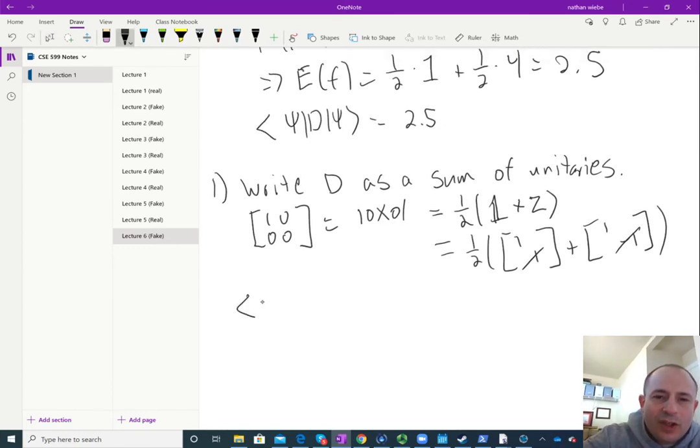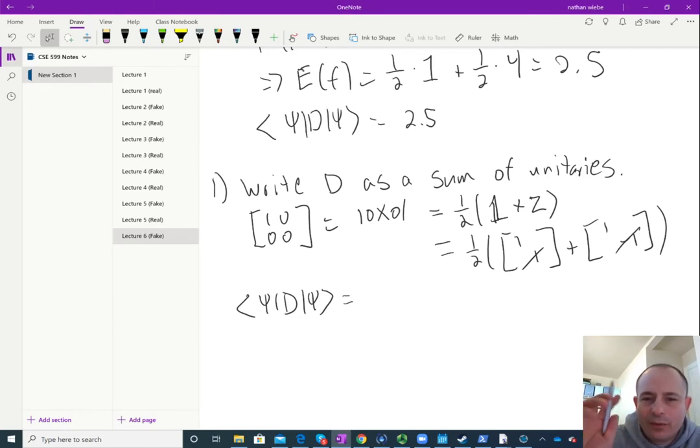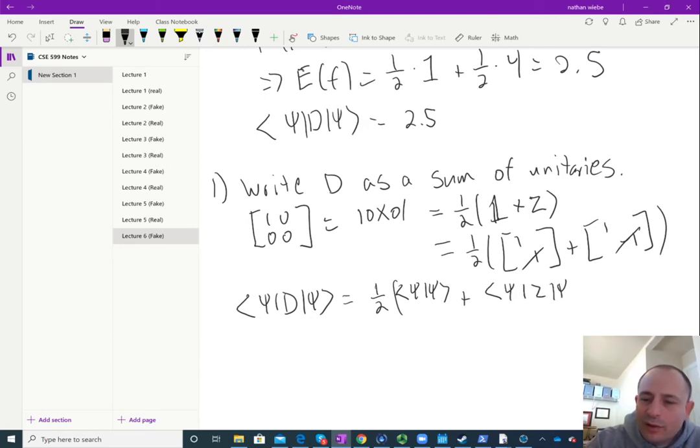So the expectation value of d in some quantum state, which corresponds to the average value of this observable, which is another word for this Hermitian matrix that we've got over here, is equal to, in general, 1/2 of psi psi plus psi z psi.